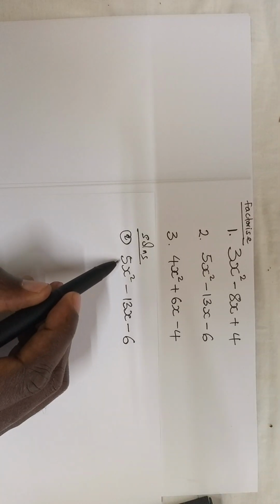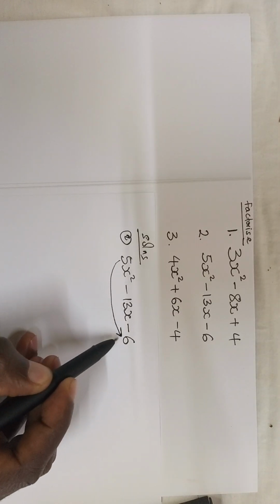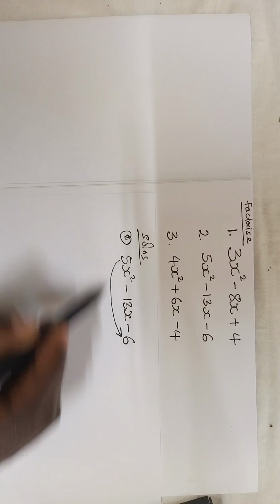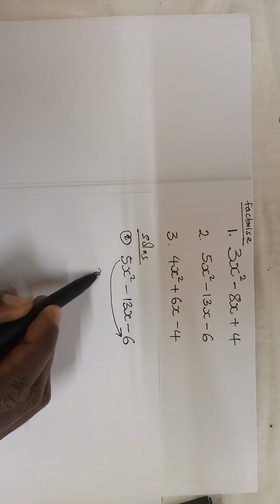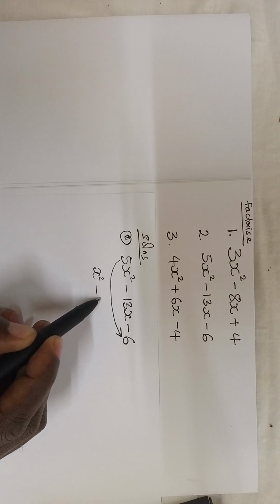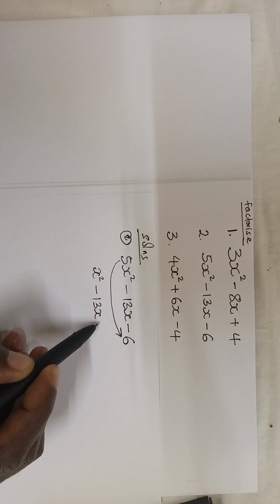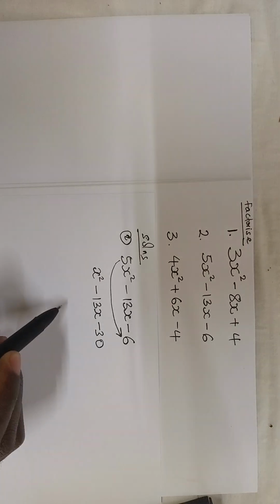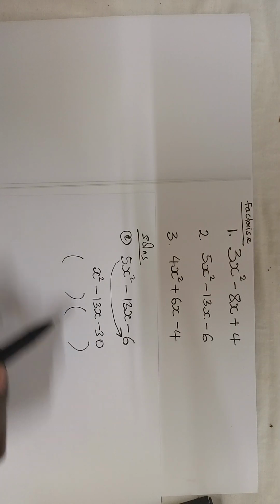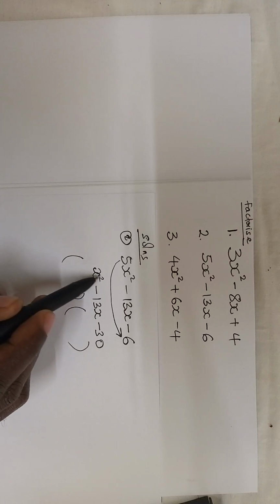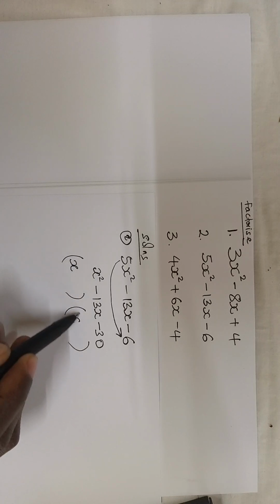Now, if you take this 5 and bring it here, 5 times negative 6 gives you negative 30. So here, write x squared minus 13x minus 30. Then after that, I'll have these brackets here, with the two numbers which give me x squared, which are x and x.